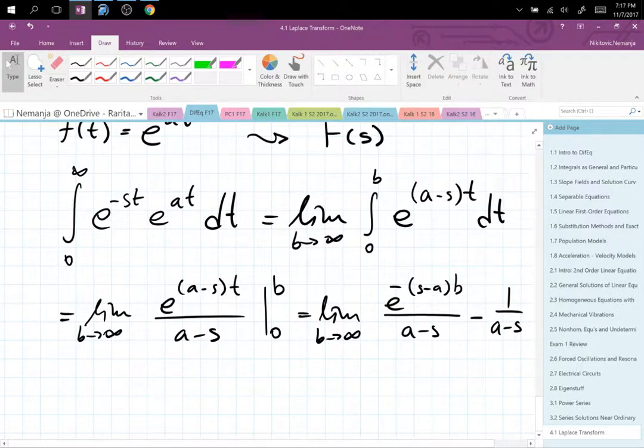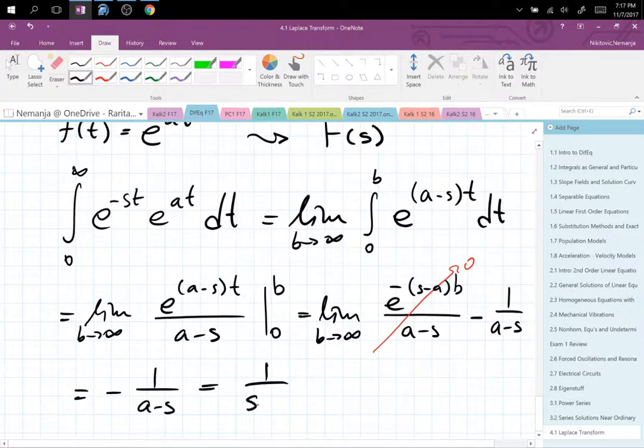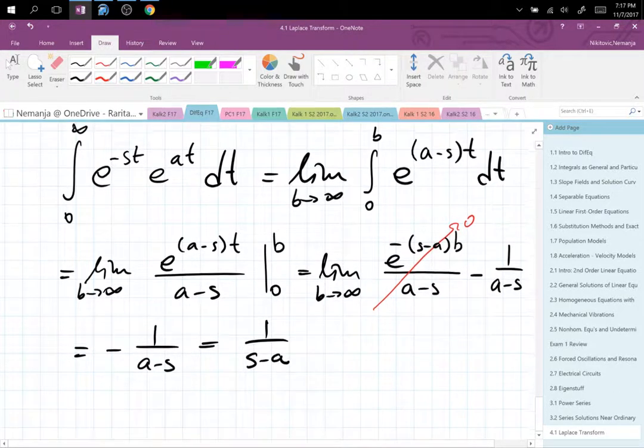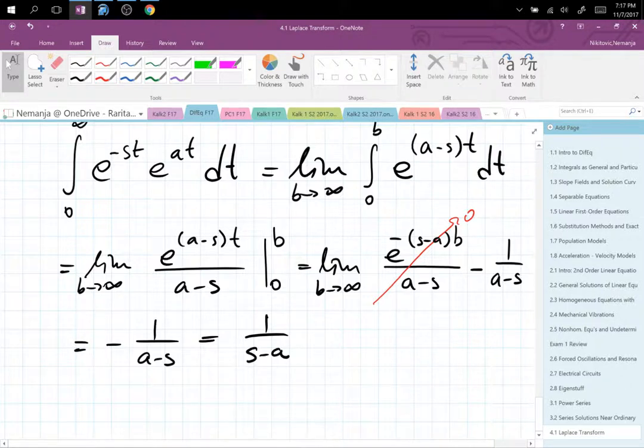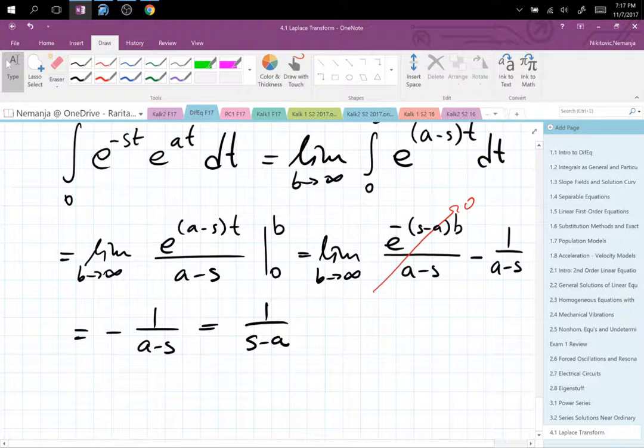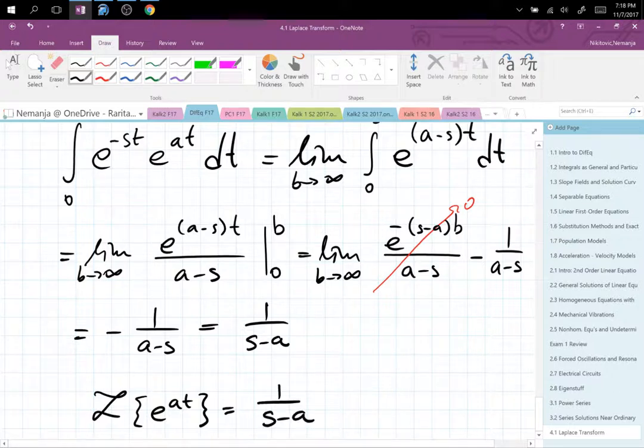So when you apply infinity, negative infinity, it goes to 0, and you are left with negative 1 over a minus s, but then you apply the minus sign, which switches signs: 1 over s minus a. So always go to 0 first. Depending on which way you put it together. So the Laplace transform of e to the at is 1 over s minus a.